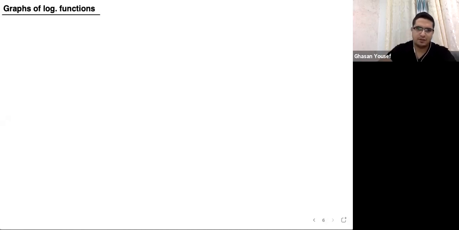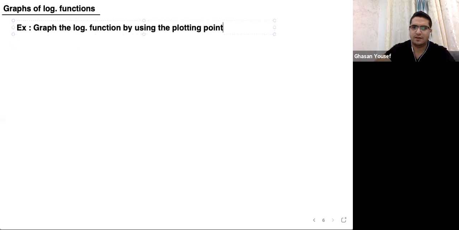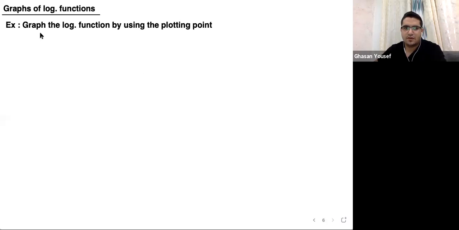I'm going to explain this by using an example. Graph the logarithm function by using plotting points.